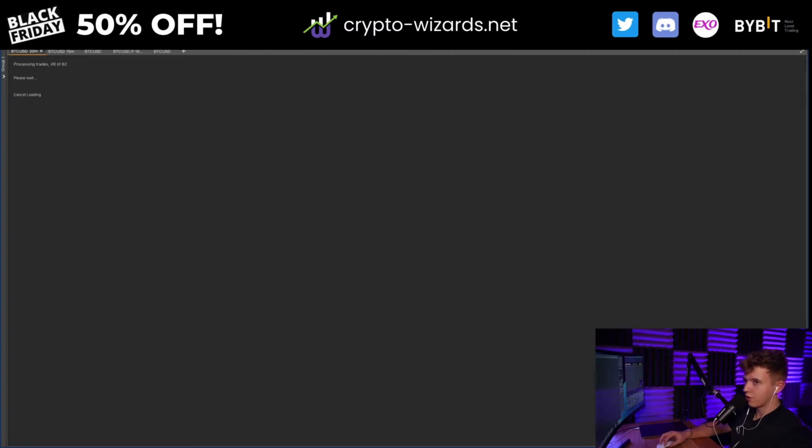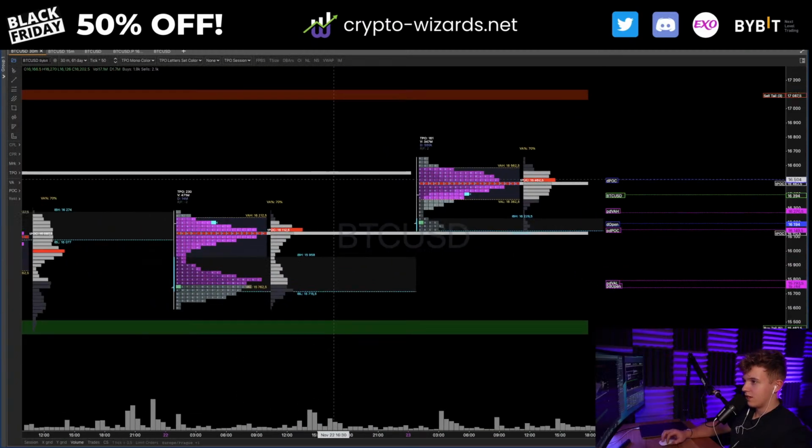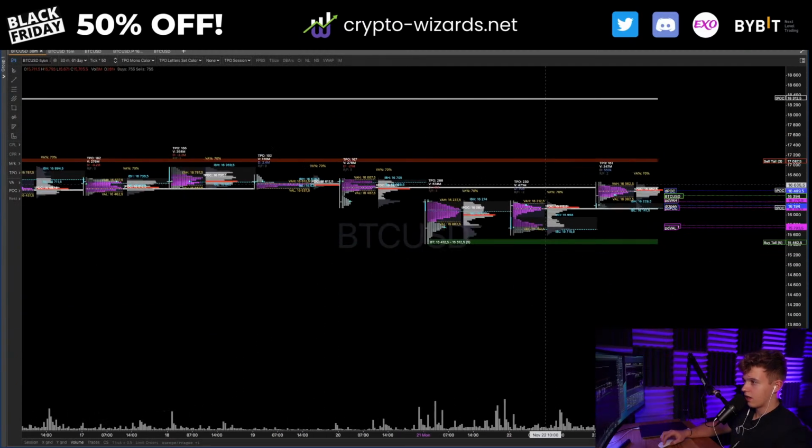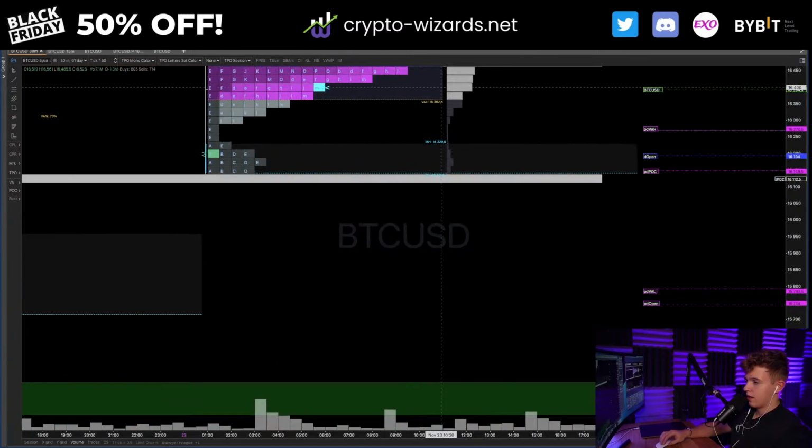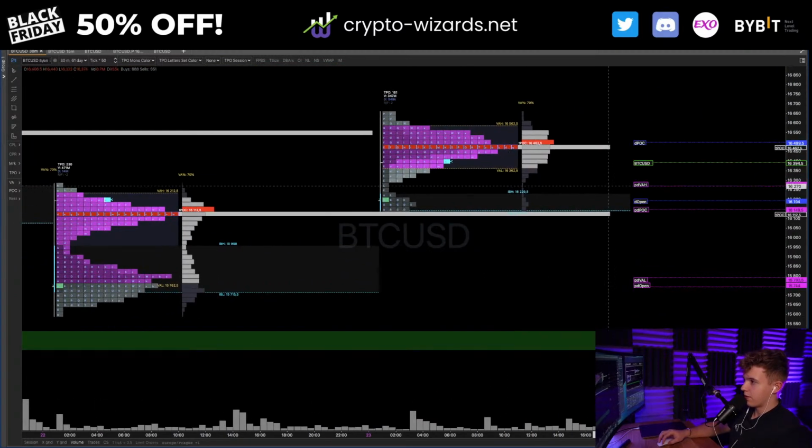I set a huge lookback on these templates, as you can see, so it's still loading up. A bit silly of me. Yeah, we are clearly bouncing from that previous day value area high that we were talking about.